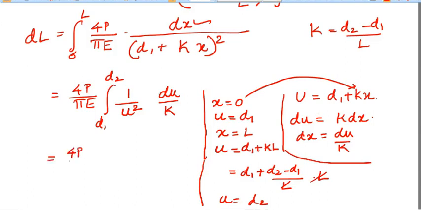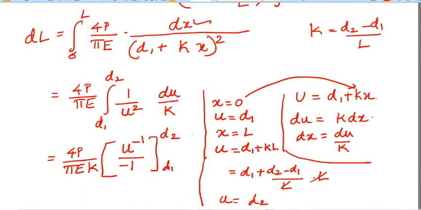So 4P by pi E, and if you integrate this, you will get u power minus 1 divided by minus 1, limits D1 to D2.